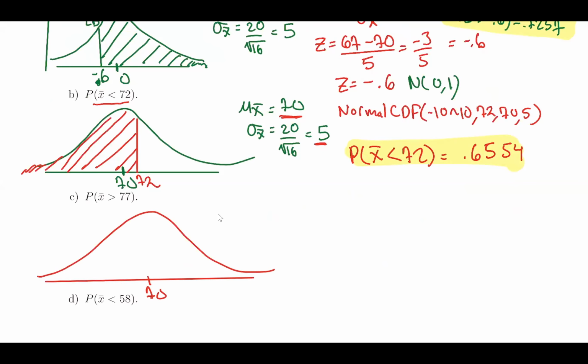We want to find the probability that x bar is greater than 77. Would 77 go to the right of 70 or to the left of 70? Good job. Alright. So now, should I shade the left side of 77 or the right side of 77?